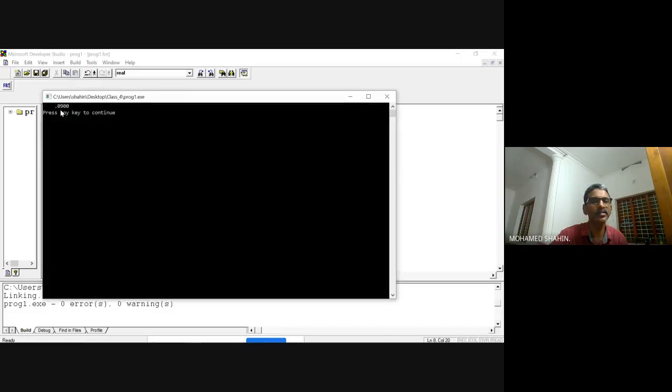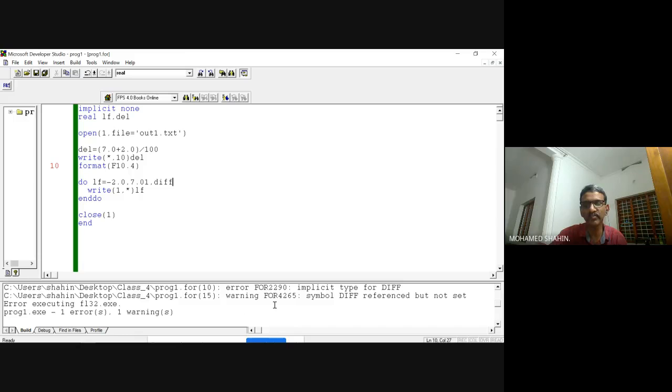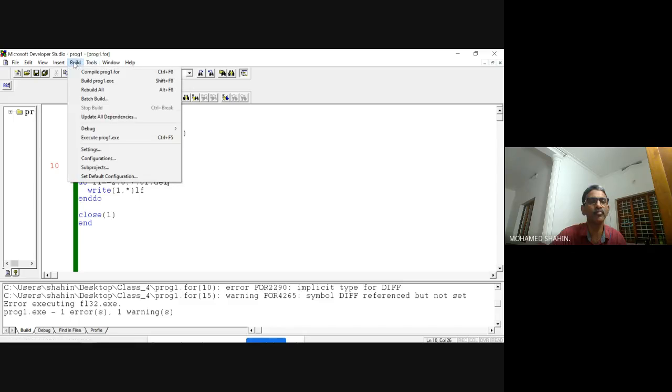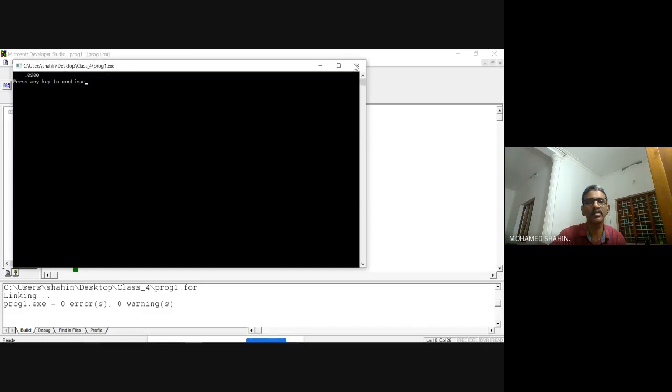What I have, this is 0.09. Now if I do this, instead of 0.1, I put diff. Now you can see that build, rebuild all, it has given an error: implicit diff. Oh, sorry, that is DEL. That is why DEL. Build, rebuild all, build, execute.